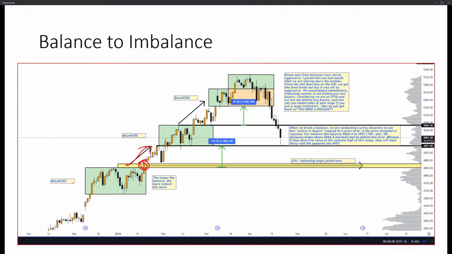Is there anyone that would disagree? You're consolidating for quite a bit. From December to here, you're consolidating, and then you broke this. This is the LVN where they said, hey, we don't want to spend a lot of time here. We don't find a lot of value here. We're just going to go higher. So there was an advantageous level for somebody to go higher.